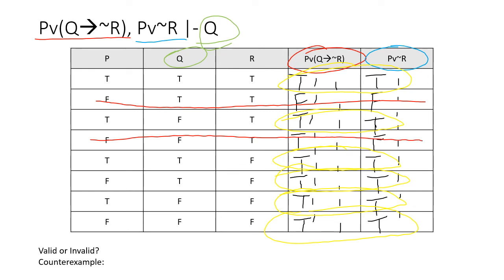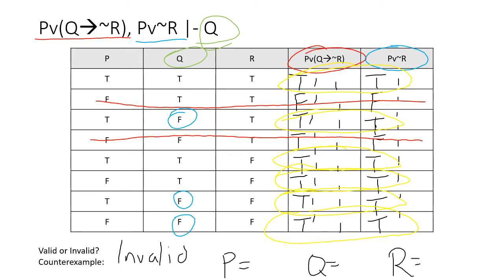And looking at our conclusion, there are plenty of counterexamples to choose from. Those three right there. So this is obviously going to be invalid. And as our counterexample, we've got three different options that we can choose. I'm going to choose this second one.